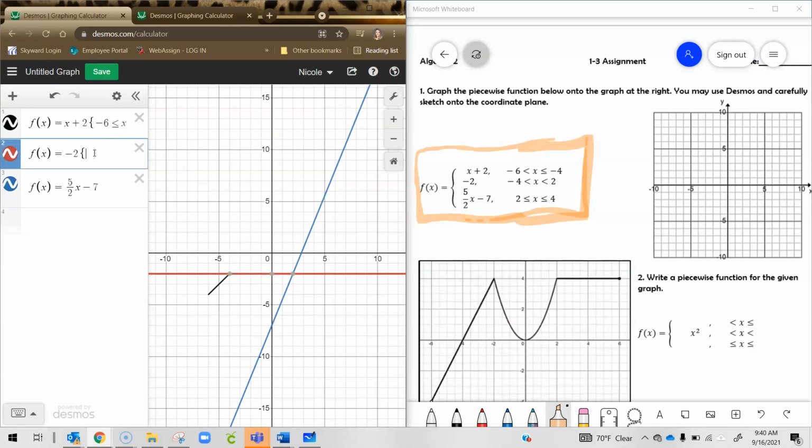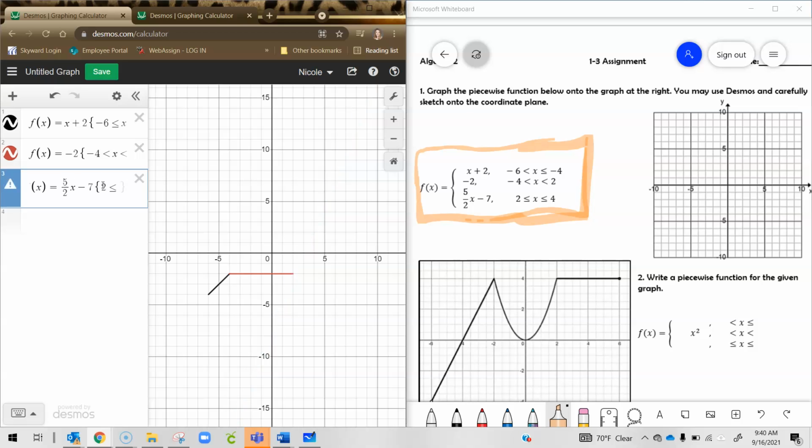And so for -2, that's defined when x is between -4 and 2. And then our last one, our domain is when x is greater than or equal to +2 and less than or equal to +4.